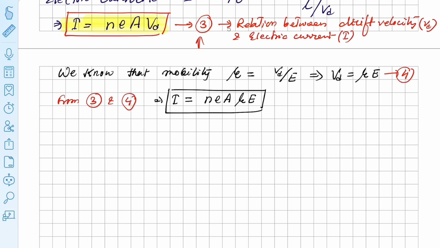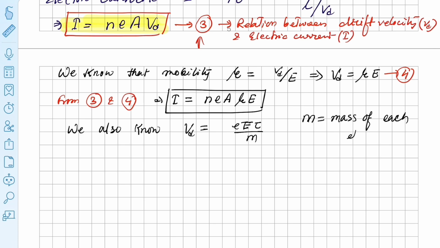Similarly, we can obtain another relation. We also know that the drift velocity Vd is also given by E tau by m, where m is the mass of each electron, right?